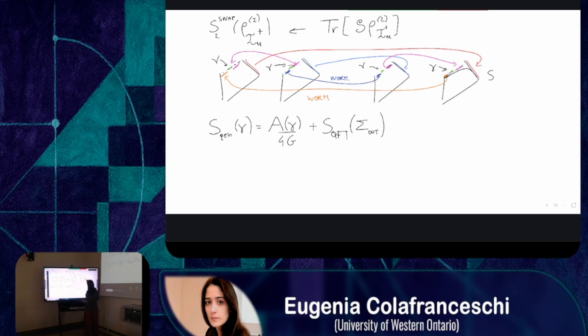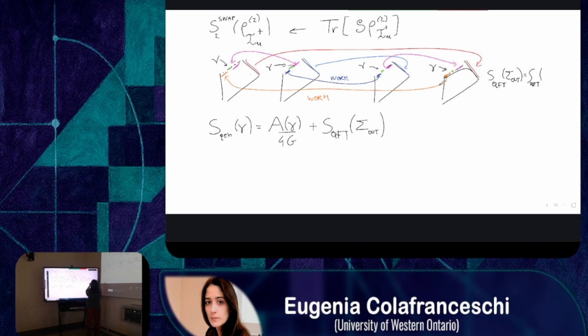But since this is a Cauchy surface, the entropy of the quantum field theory on sigma out is just the entropy of the quantum field theory on the orange and the red part together, because on this Cauchy surface I have a pure state, so the two entropies must be the same.